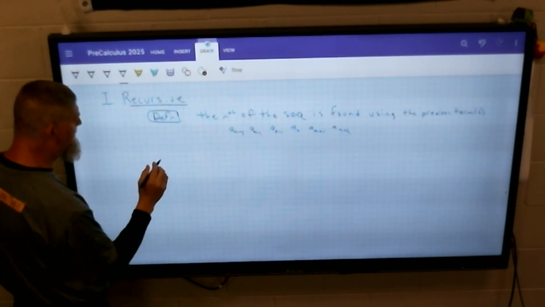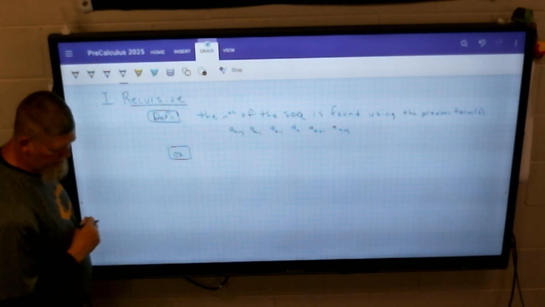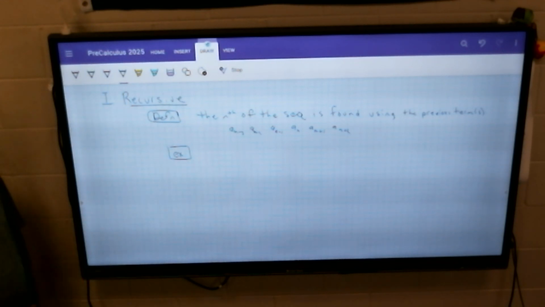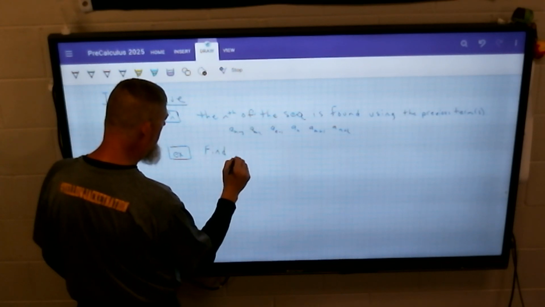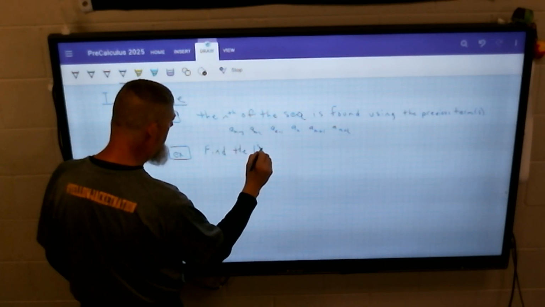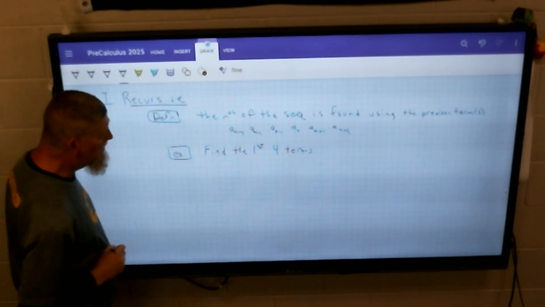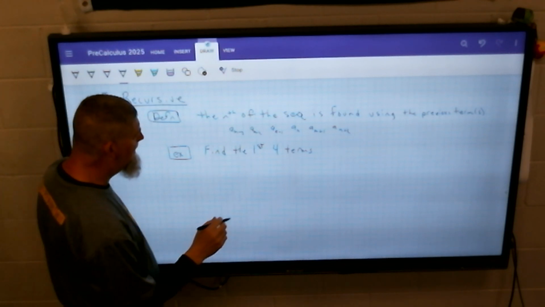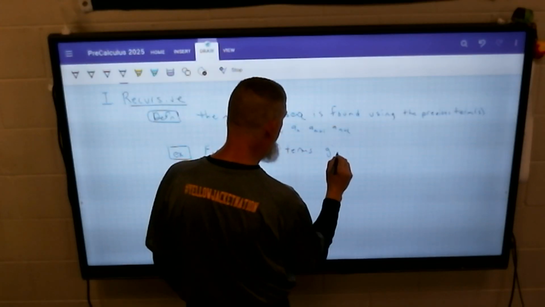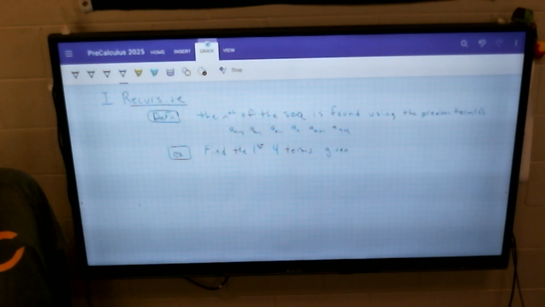Alright, so an example from what you'll see for homework type questions. It's going to say something like, find the first 4 terms given a sub 1 equals 5.